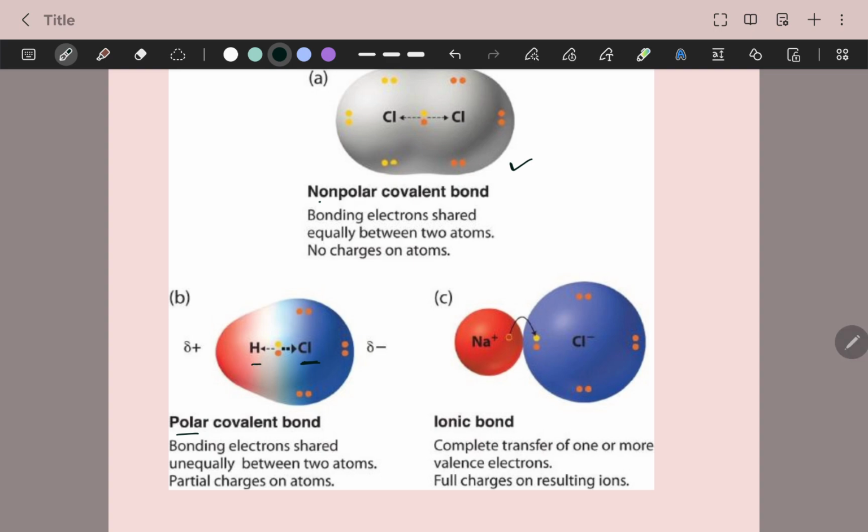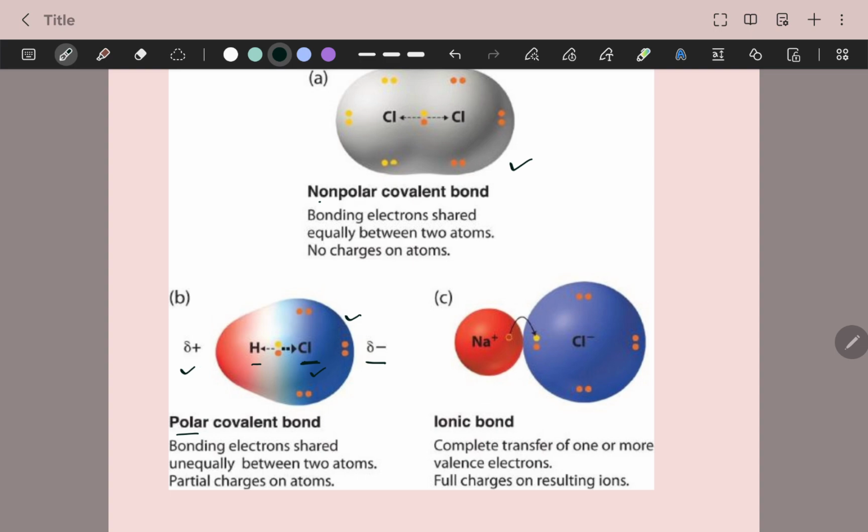In HCl, suppose chlorine has more electronegativity, so it attracts the electrons more towards itself, and there is a negative charge on it and a positive charge on the other. But these are partial charges, not complete. So we say delta negative, delta positive.